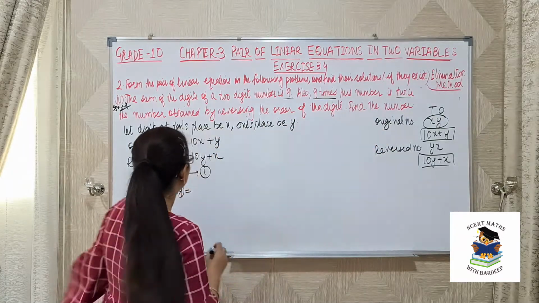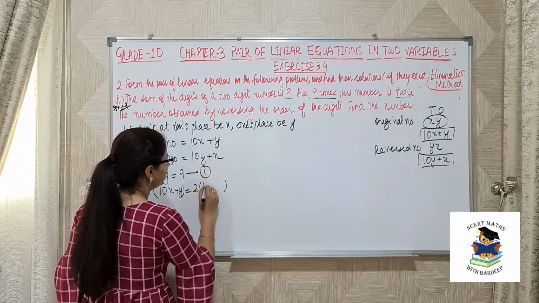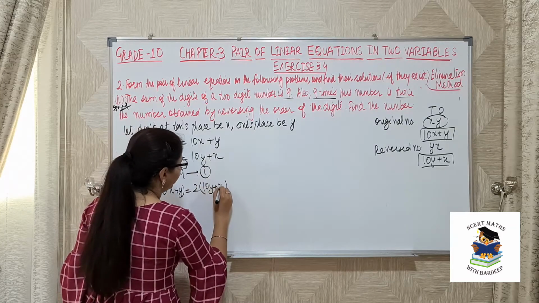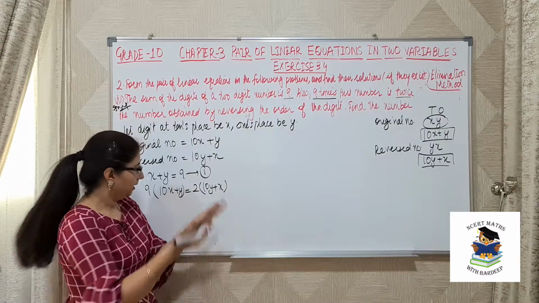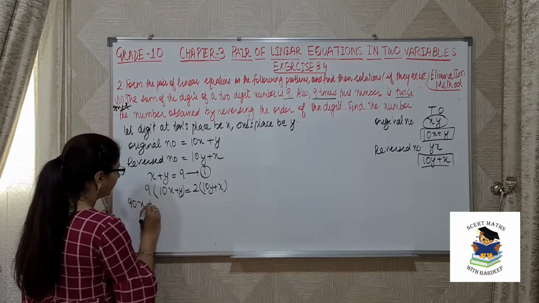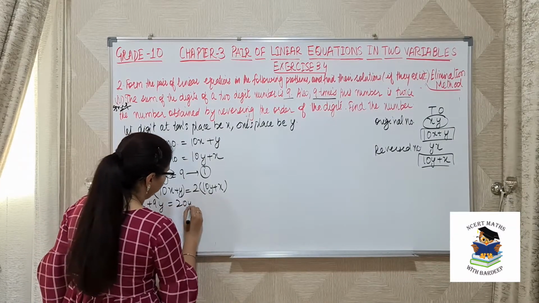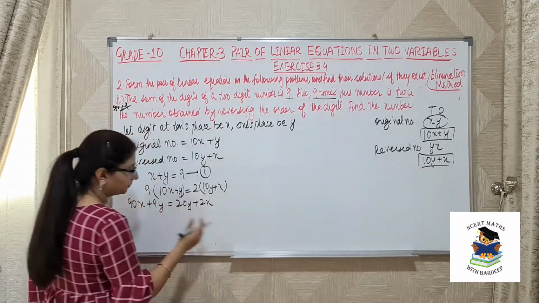So 2 times the reversed number, and the reversed number is 10y plus x. So now open this bracket. So 9 into 10 is 90x plus 9y equals 20y plus 2x.